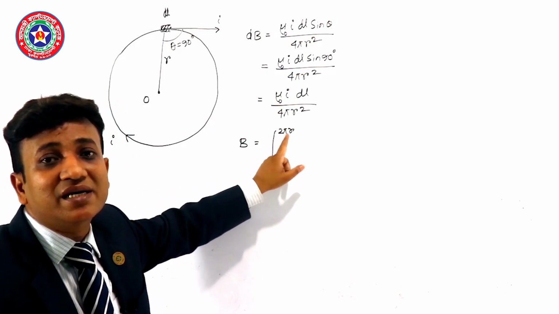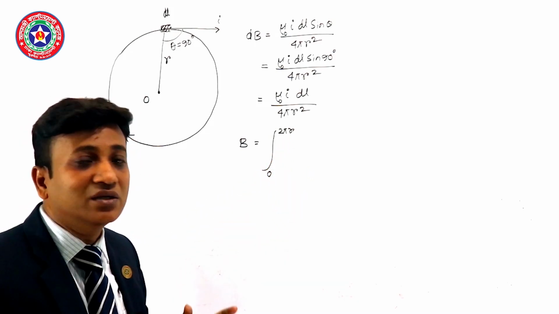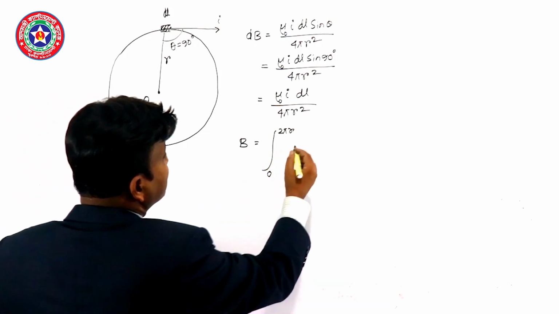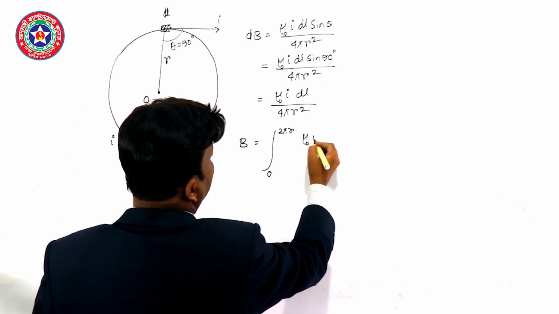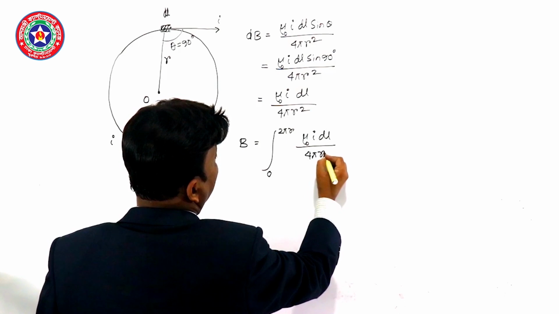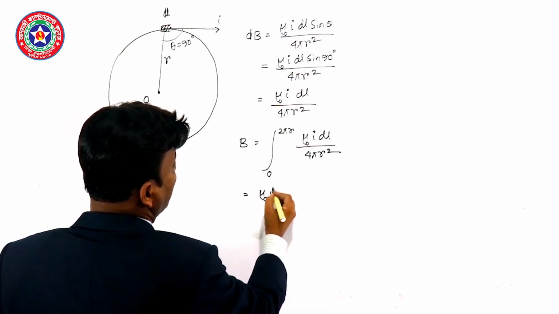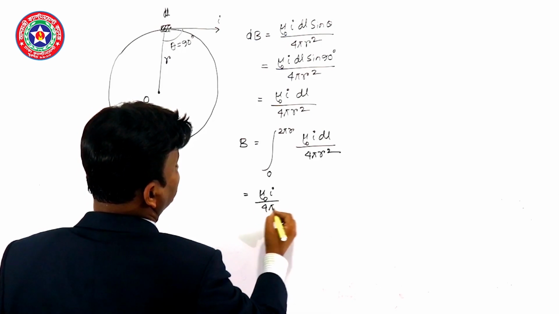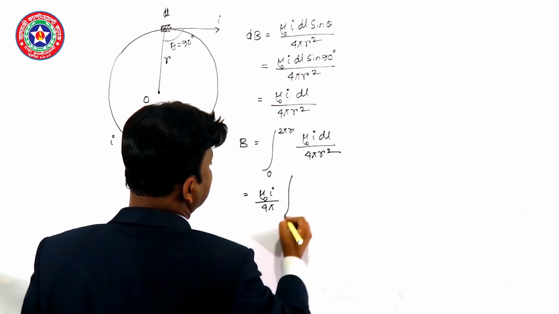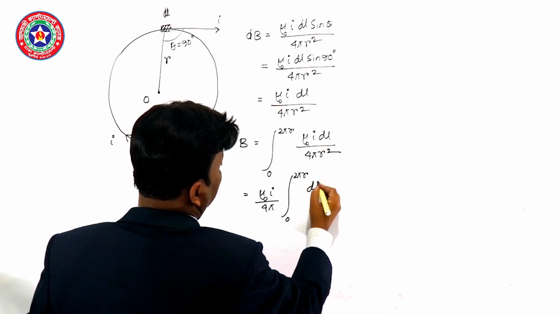That's why 2πr will be the upper limit and 0 will be the lower limit here. Next we can write μ₀ I dl divided by 4π r², or we can write μ₀ I by 4π r², because these quantities are constant, integral from 0 to 2πr of dl.